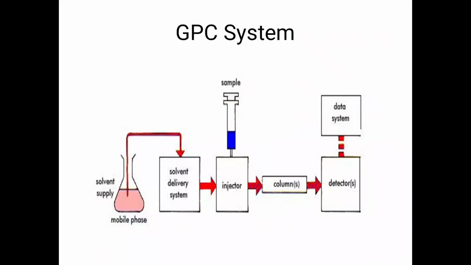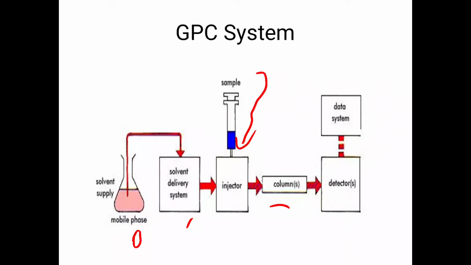This is the GPC system, gel permeation system. Here is the mobile phase, that is a solvent supplier, and here is the solvent delivery system, and here is the injector, and the sample is injected through this site. When the sample is injected, it is mixed with the mobile phase and allowed to flow over the column.